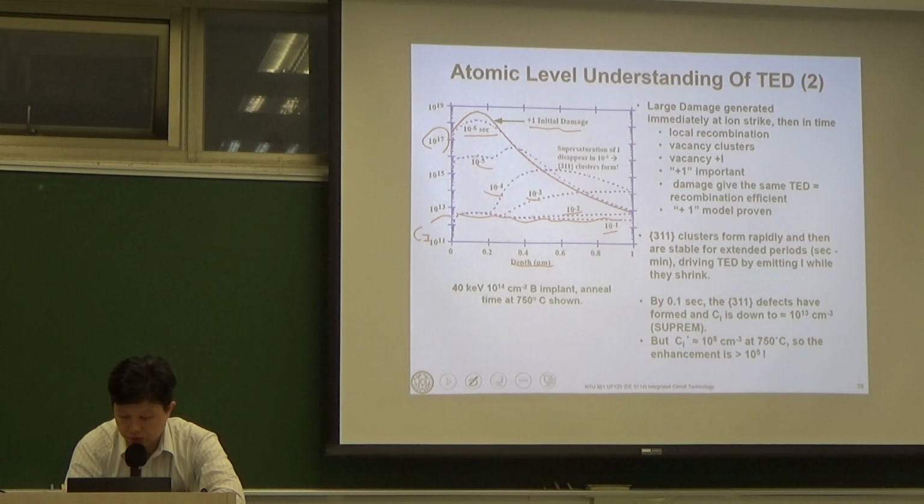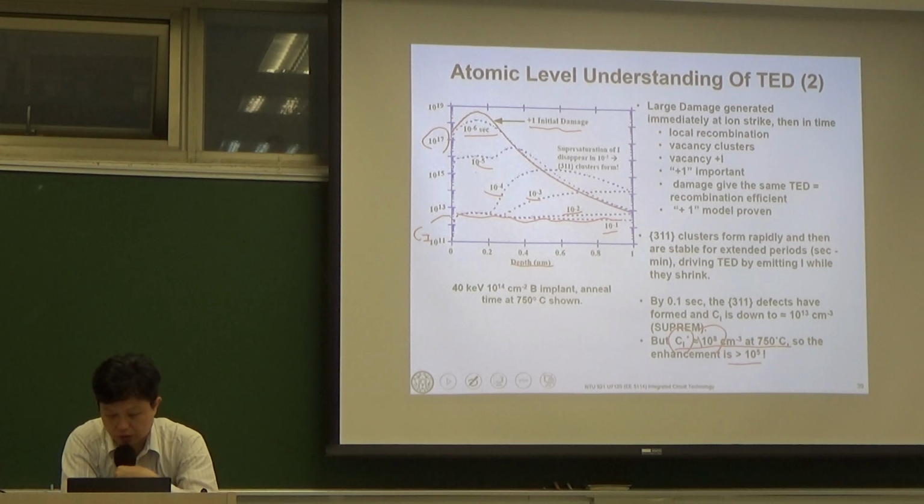If we compare with the normal concentration at 750, the CI is usually 10 to the 8. But here is after implantation, so you can see that the enhancement factor is larger than like 100,000 here.